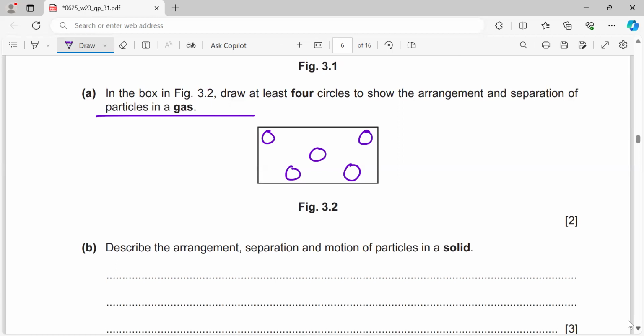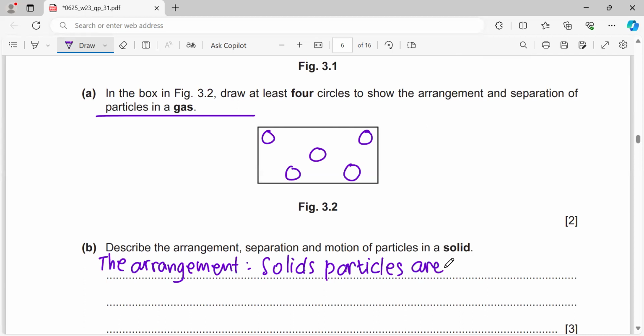In a solid, first, arrangement: in solids, particles are arranged in a regular way.